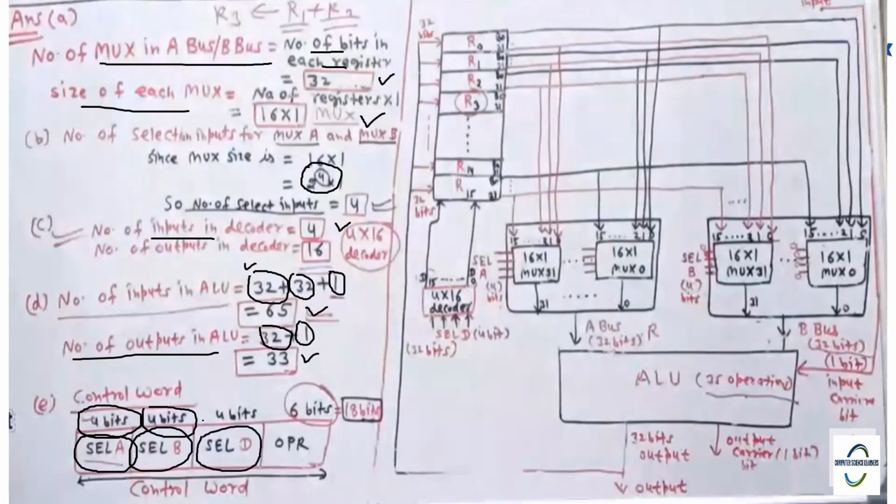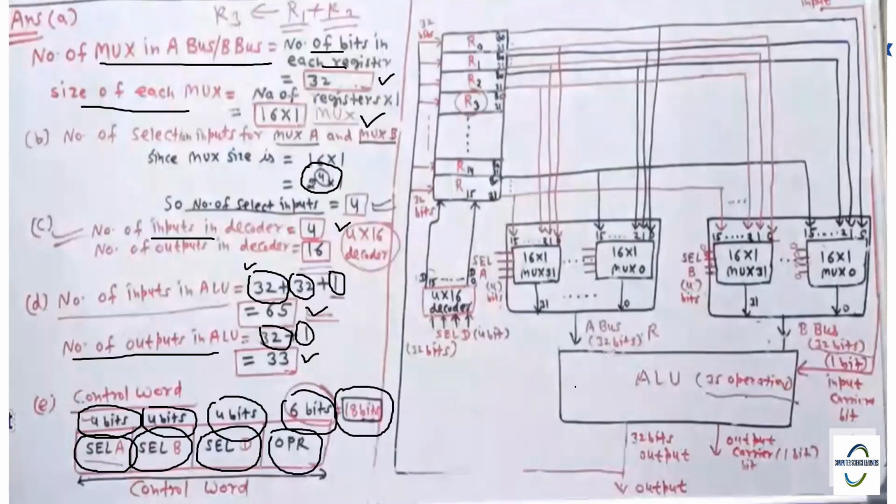This will select with the help of the decoder. How many inputs are there in the decoder? 4. So again 4 bits will be required, and total operations are 35. So I need to use 6 bits to specify the operation. So here I am using 6 bits for the ALU operation. So the total number of bits required is going to be 18, right?